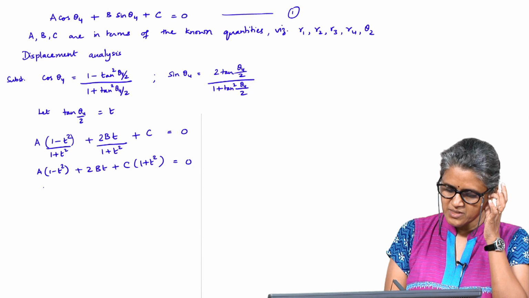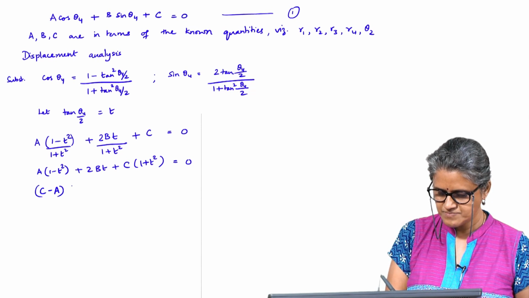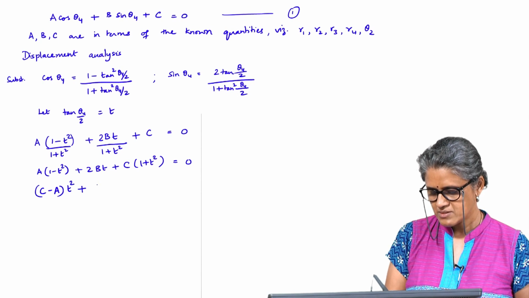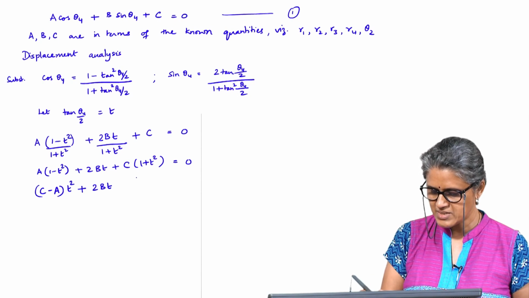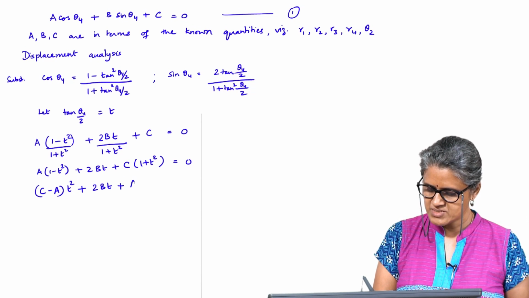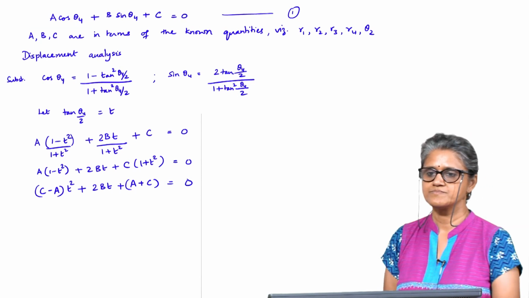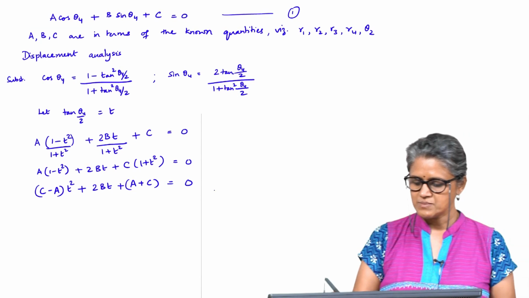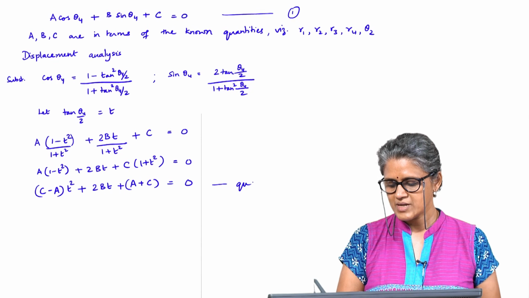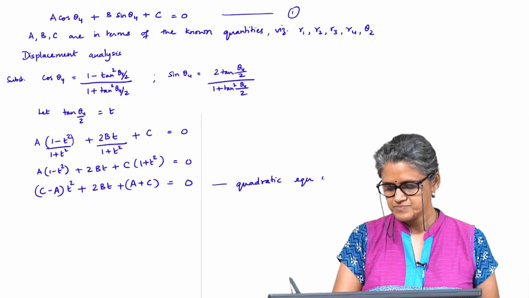If I group the terms, I get C minus A into T square plus 2BT plus A plus C equal to 0. This is nothing but a quadratic equation in T.